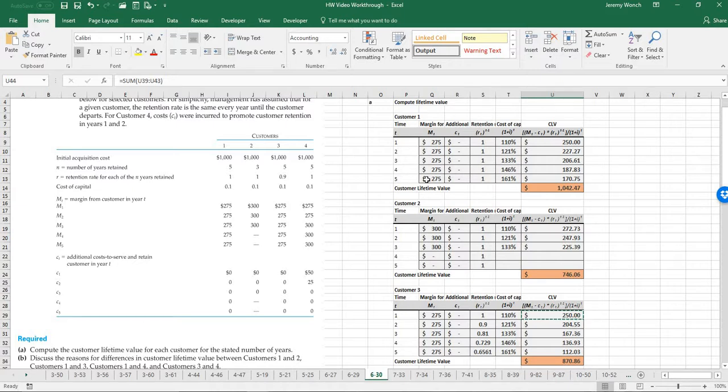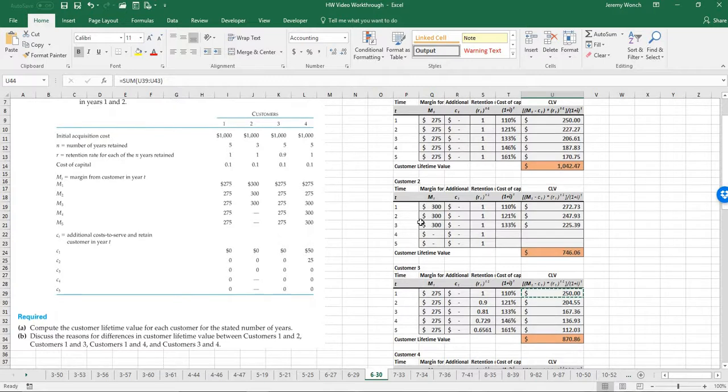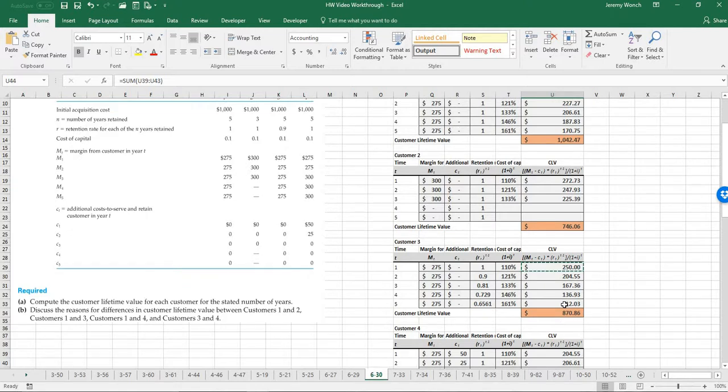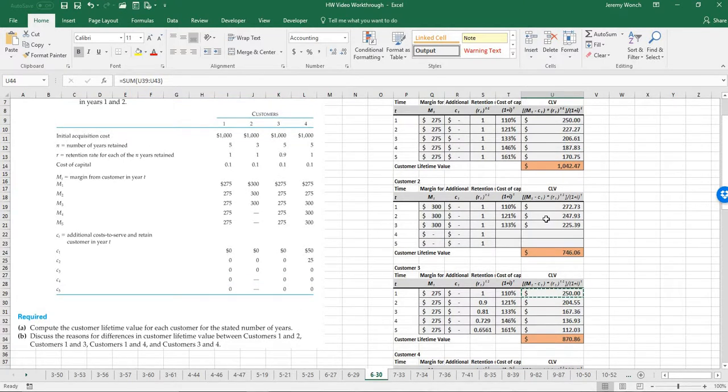Customer 1 and customer 3 have the same profit margin, except that for customer 3 we have a lower retention rate. So we start losing these customers as we go along. Even though there's the same number of periods and the same margin, because customer type 3 is going to dwindle away, they're going to have a lower value than customer 1.